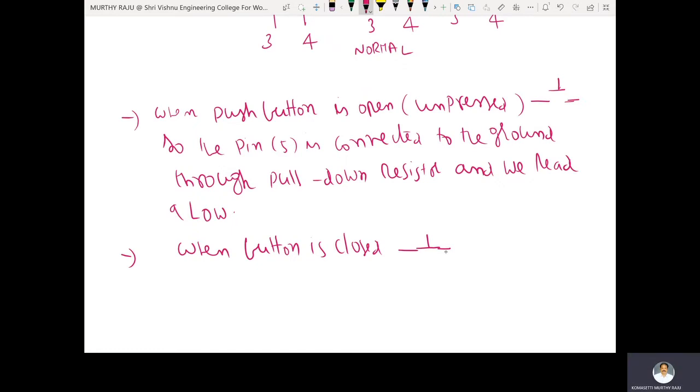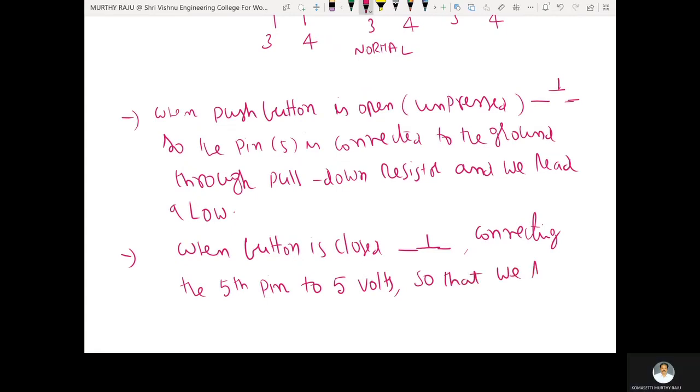When the button is closed, it makes a connection connecting the 5th pin to 5 volts, so that we read a high value.